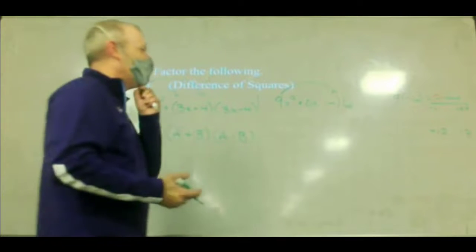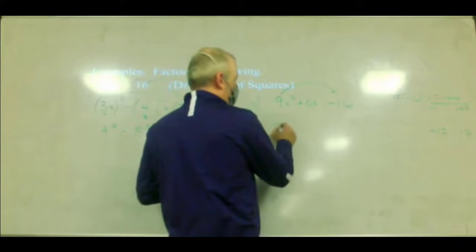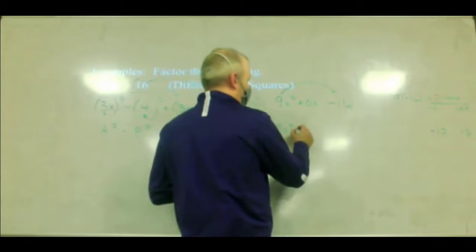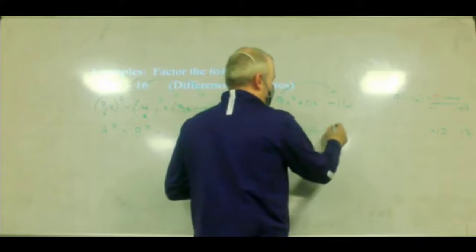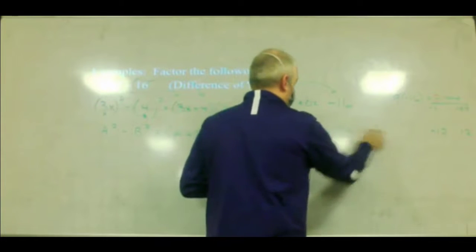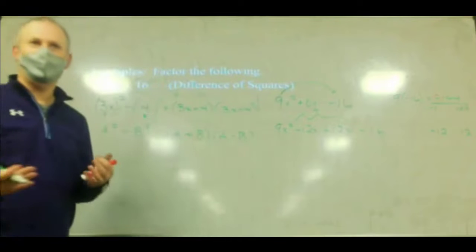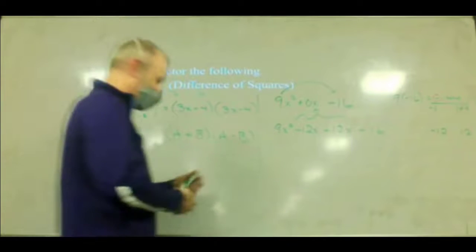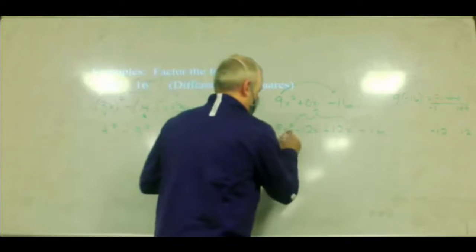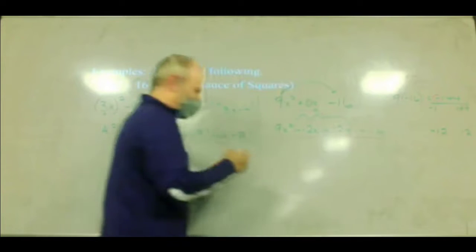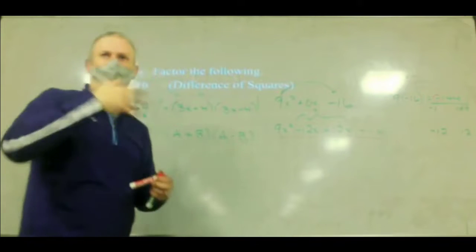Okay? And if we do our steps here, here's what would happen. Minus 12x plus 12x minus 16. And again, do we see that this is true? It's 0 in the middle. If we do our grouping, I'm going to do this one quickly because I think we've done this enough times already.